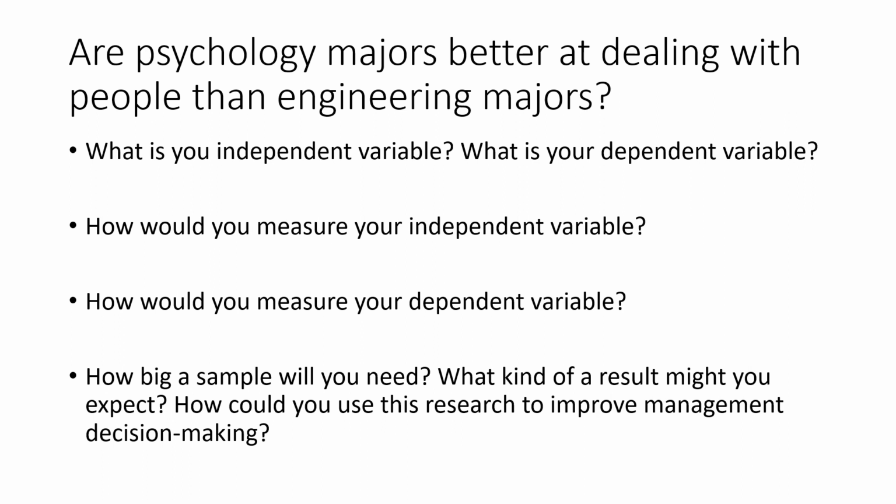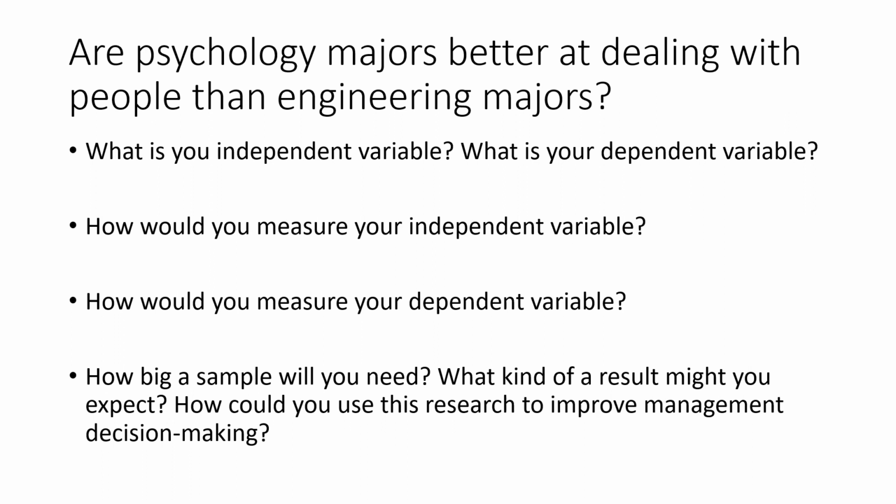Yes or no? So that just gave you an example of how you'd measure those two variables. You measure your independent variable by simply asking, are you a psychology major or an engineering major? And you'd measure your dependent variable by asking, do you consider yourself a people person? Yes or no?